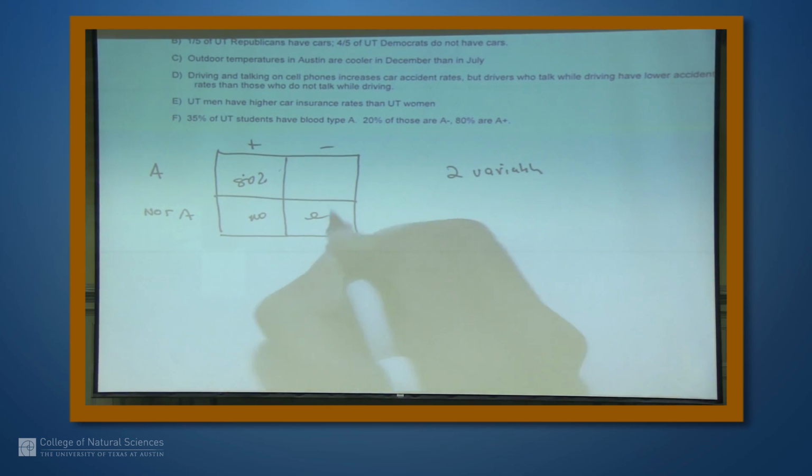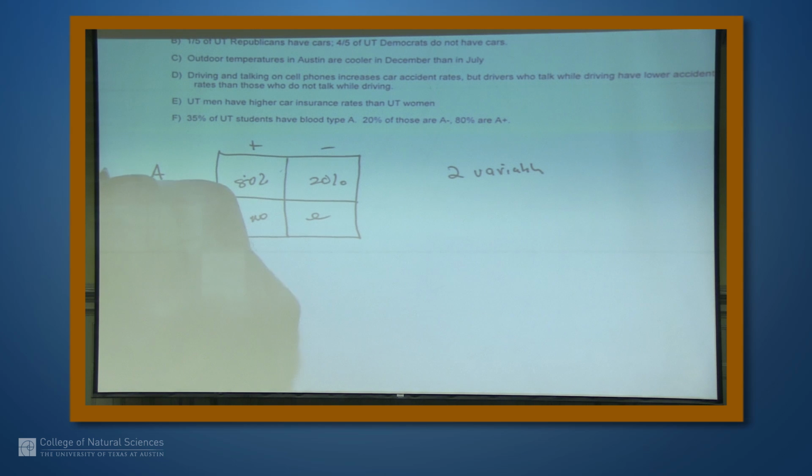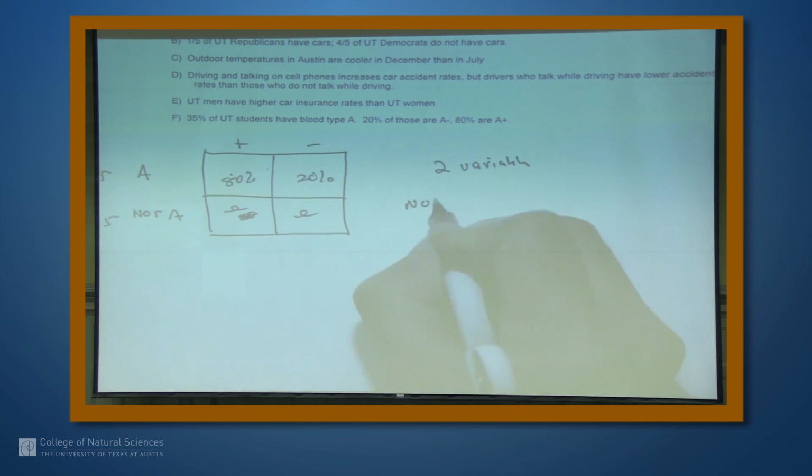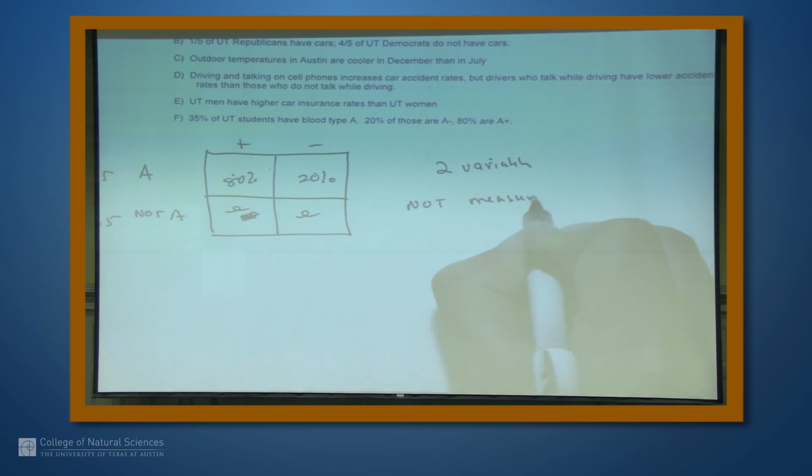So that's empty, and we have 20% here. We have 65. We have nothing to go in either of these cells because we have not measured both variables on everyone.